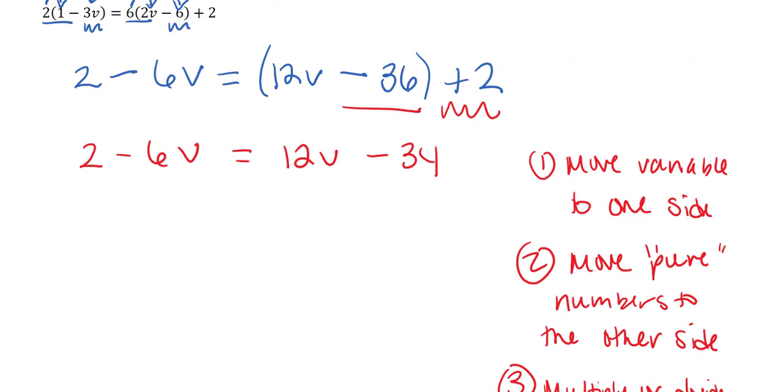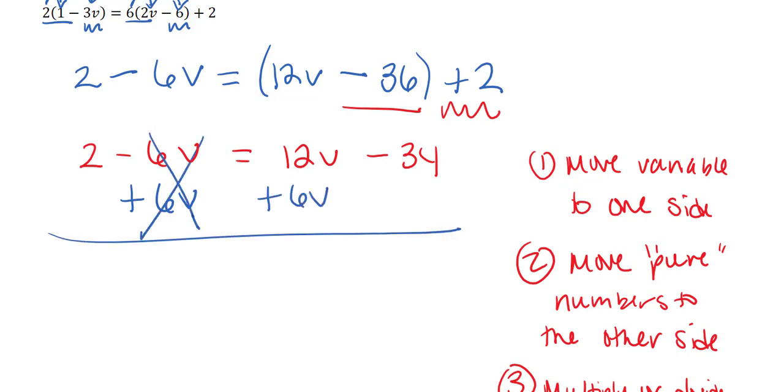So let's move the variable to one side. So I'm going to go plus 6v on both sides. This gets rid of it on the left-hand side, so we're left with 0. So we have 2 plus 0, which is equal to 12v plus 6v, so that's 18v minus 34.